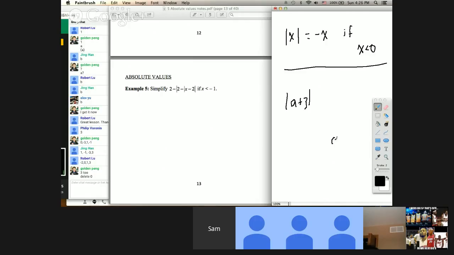If a plus 3 is less than 0, then this is going to equal -a minus 3. So these two should help you solve this problem. I'll give you guys a few minutes to solve this one.